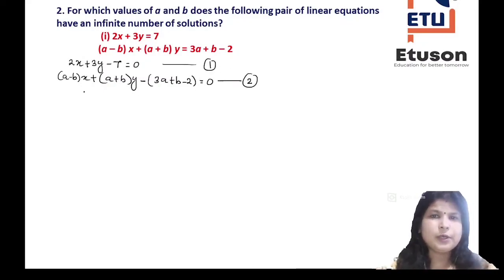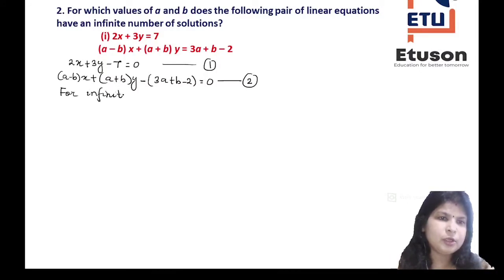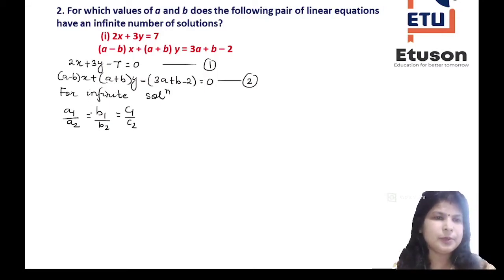Now what is the condition to get an infinite number of solutions? For infinite solutions, you should have a1 by a2 is equal to b1 by b2 is equal to c1 by c2. Let us write down the values of a1, a2, b1, b2 and c1, c2 respectively. What is a1 by a2?